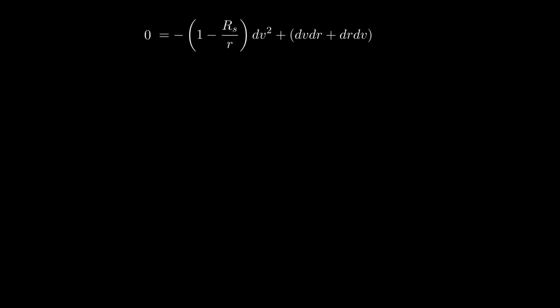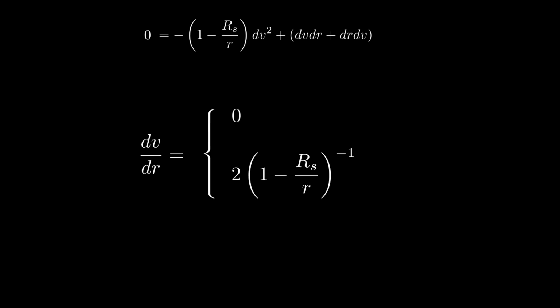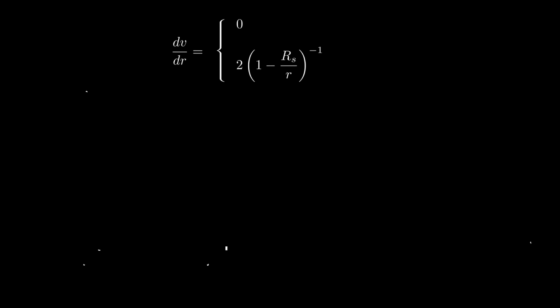Let us compute the light cones in this metric. Again, we ignore the angular part and set the metric equal to 0 to find dv over dr. The solution where dv equals 0 means that one of the directions of the light cone is the coordinate axis itself for all r values.